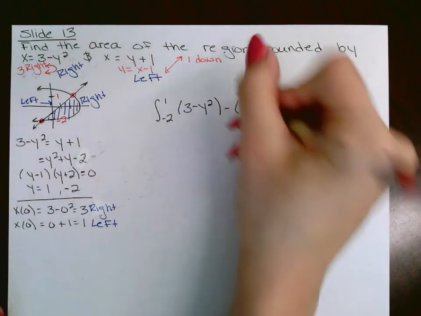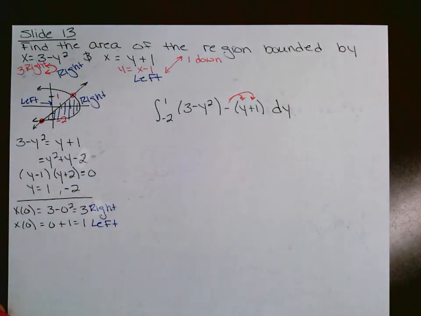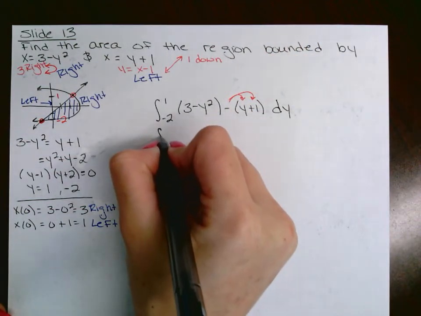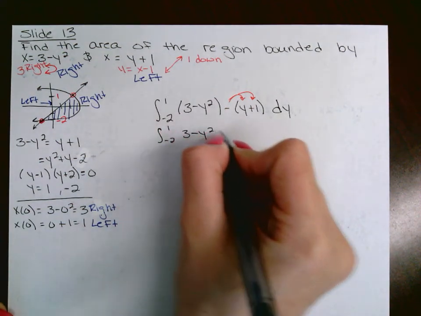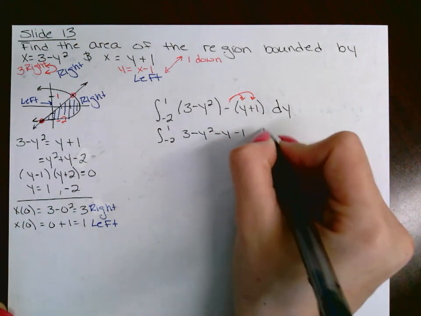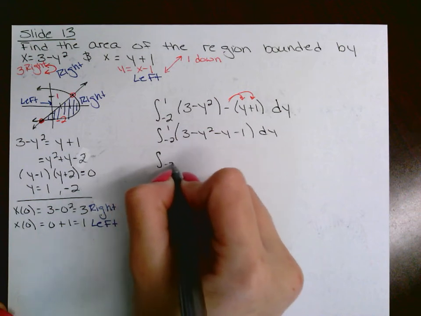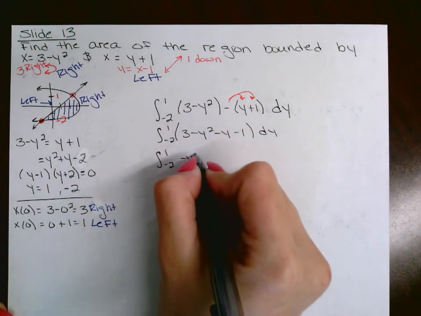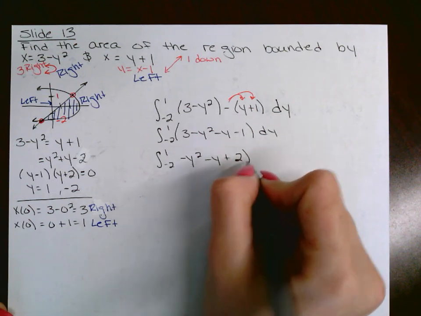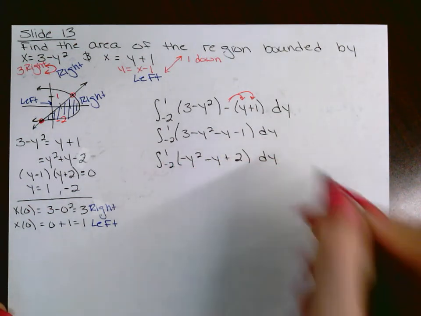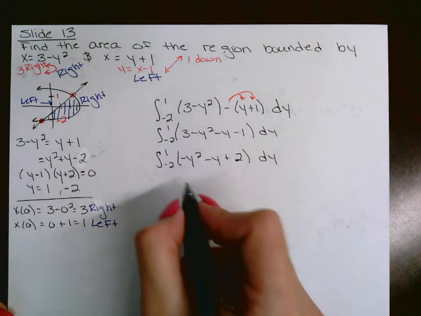I am going to distribute this negative. Clean up that middle. And once you've cleaned, you are ready to do your definite integral. So antiderivative first.